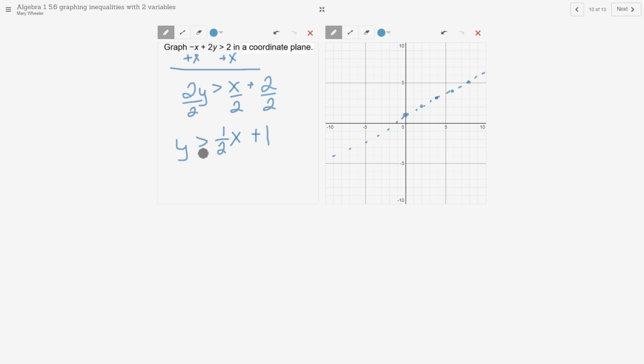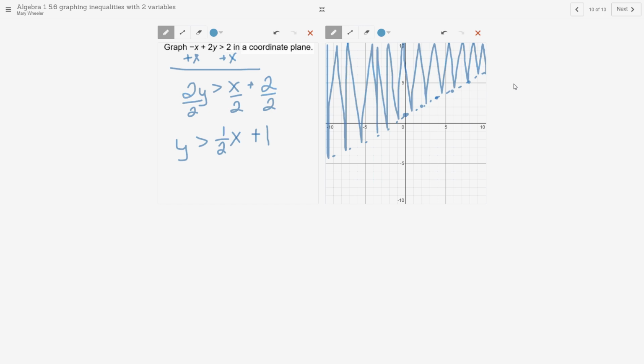And that is a greater than, so that means bigger. So I need to shade above the line. And I am not good at shading on the computer, so imagine that this is all colored in. And that's what it should look like.